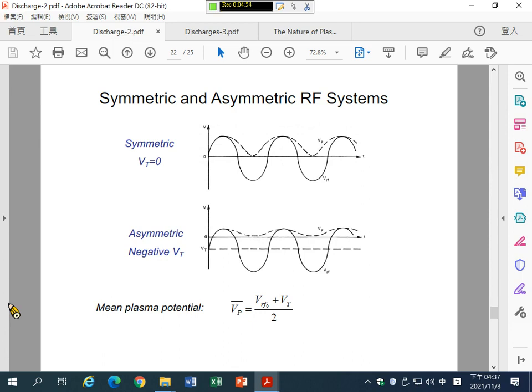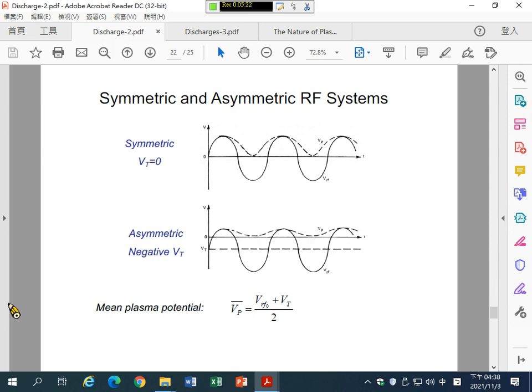Okay, so for example, if your output voltage is 1,000 volt from power supply, in this case, the voltage on the RF hot electrode at this half cycle might be 1,800 volt negatively, minus 1,800 volt.